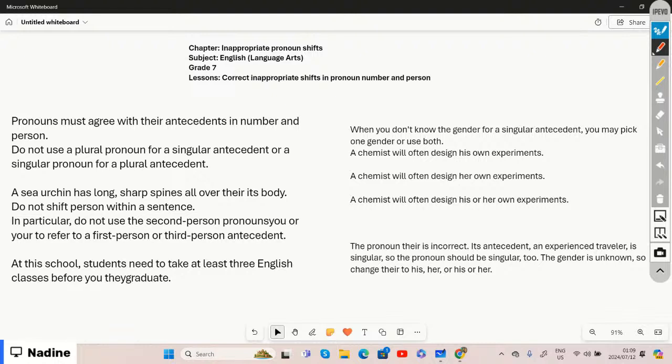So a sea urchin has long, sharp spines. Do we say all over their body or all over its body? We're talking specifically about one sea urchin.